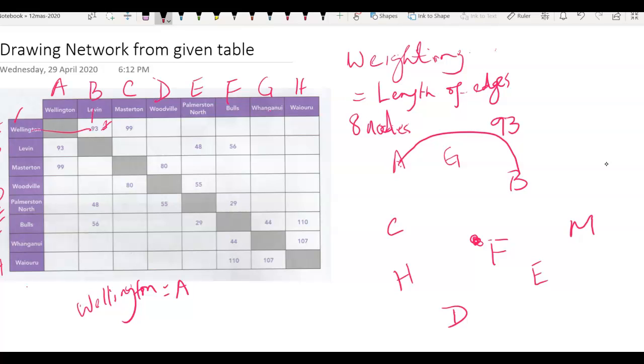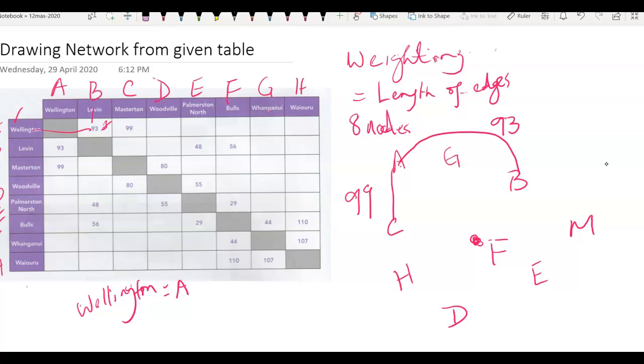A and C is 99. One thing you need to remember, these edges are not drawn according to scale, which is acceptable. It doesn't have to follow the scale.